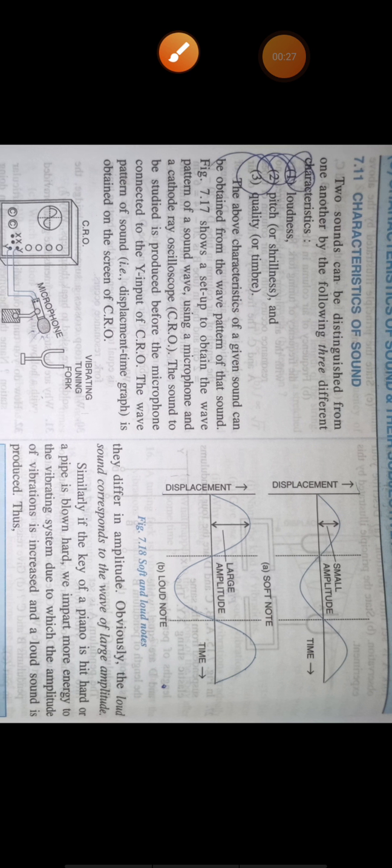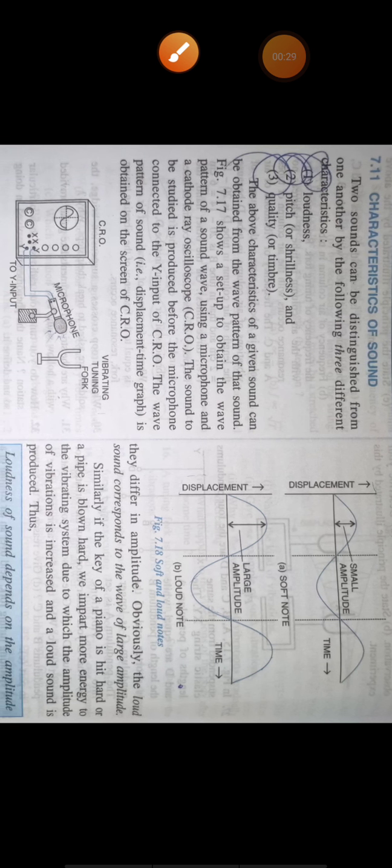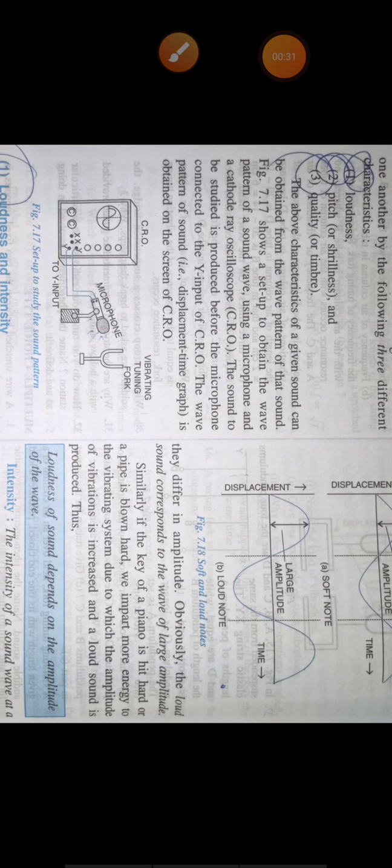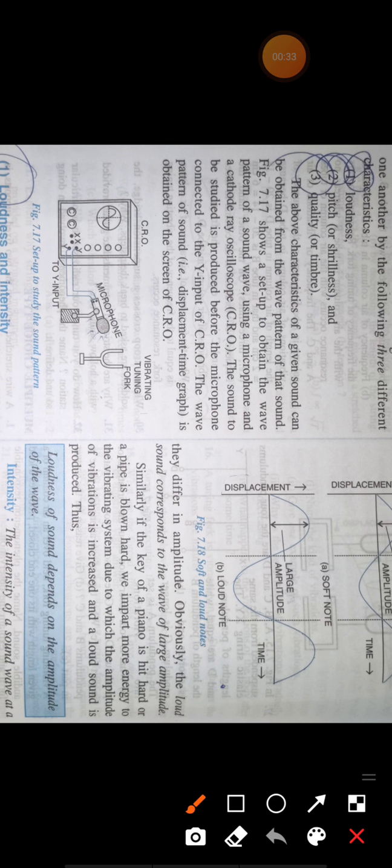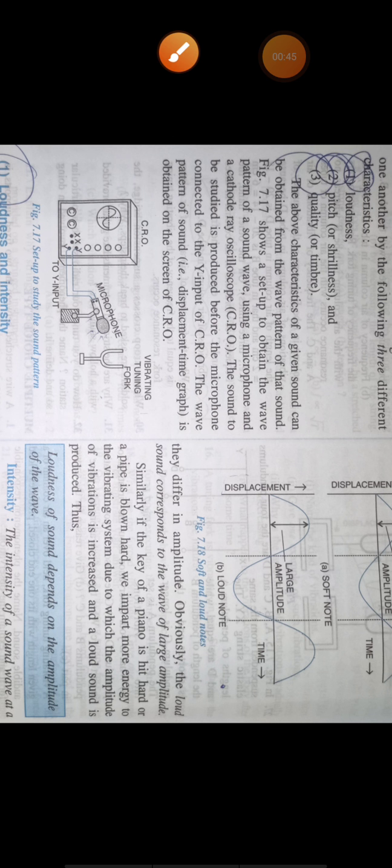Before discussing these three characteristics, here we have an instrument called a cathode ray oscilloscope. What this cathode ray oscilloscope actually does is show us the wave pattern of any sound wave. Here you can see a microphone is connected to the Y input of this CRO.